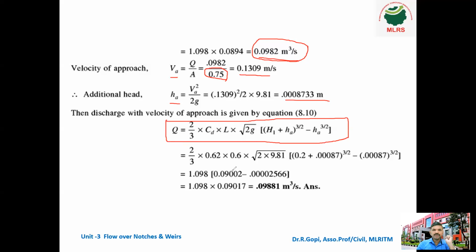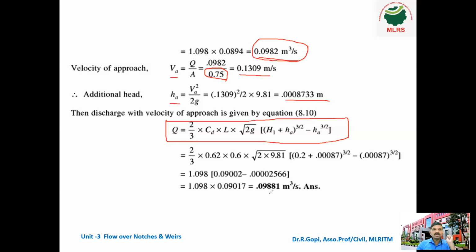Substituting the known values: 2 by 3 into CD 0.62 into length 0.6 into root 2 into 9.81, times H1 which is 0.2 plus HA power 3 by 2 minus HA power 3 by 2.